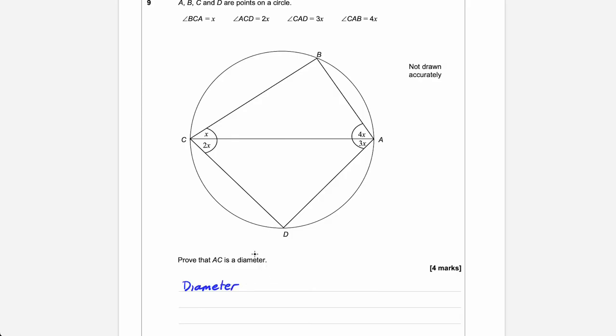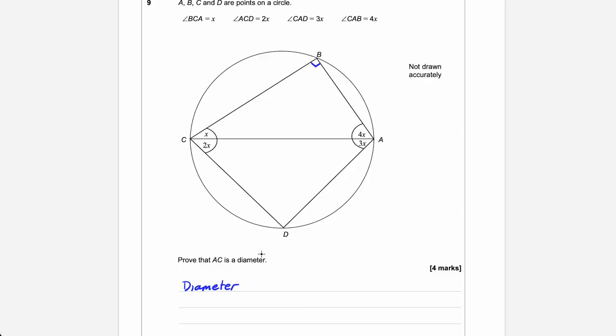if, now how can we prove that is the diameter? Well, it's the diameter if CBA, this angle here, is a right angle. So if that is a right angle, then we know it is a diameter, because we know the angle in the semicircle from the circle theorems is a right angle.